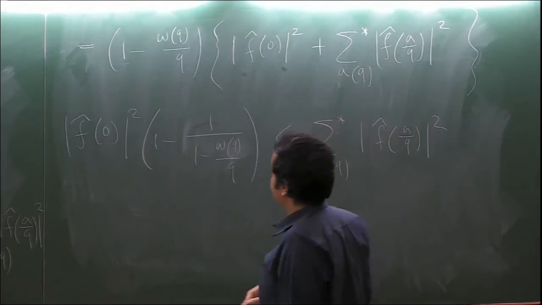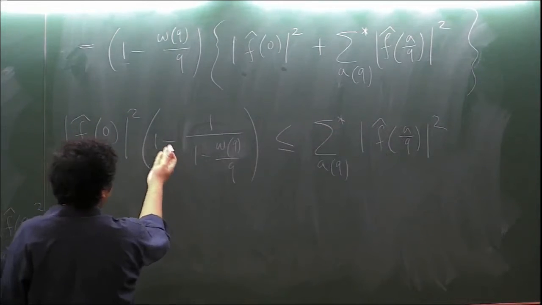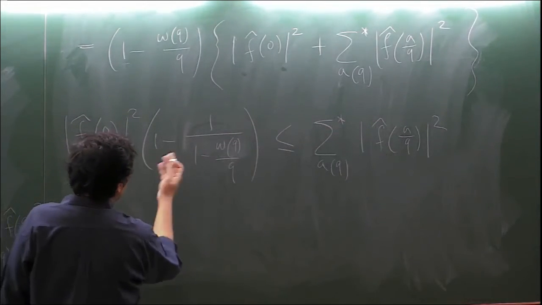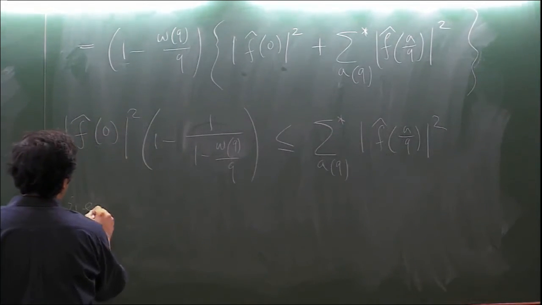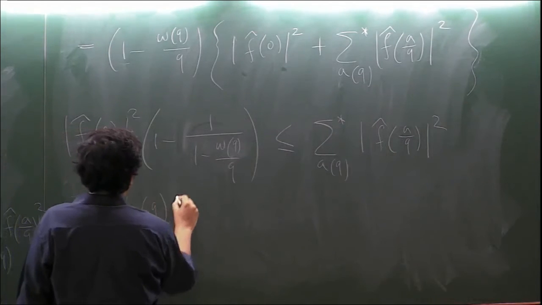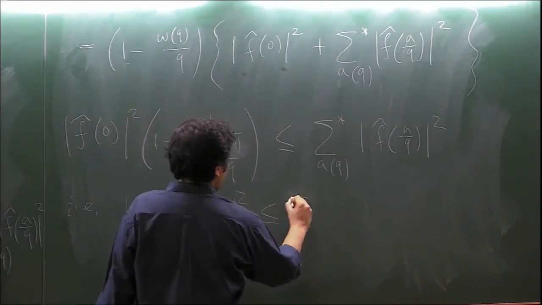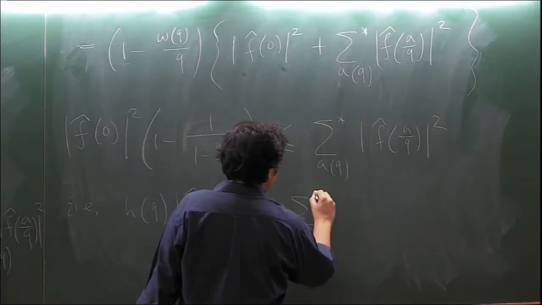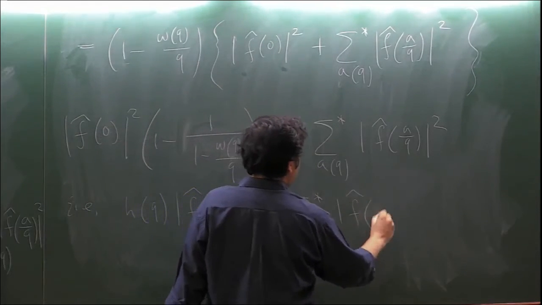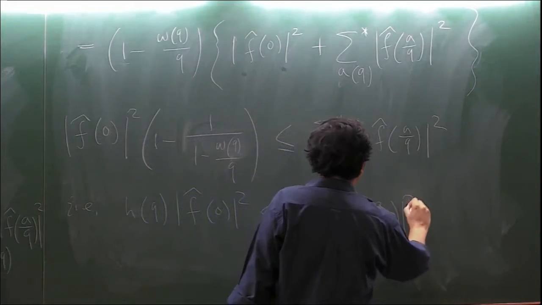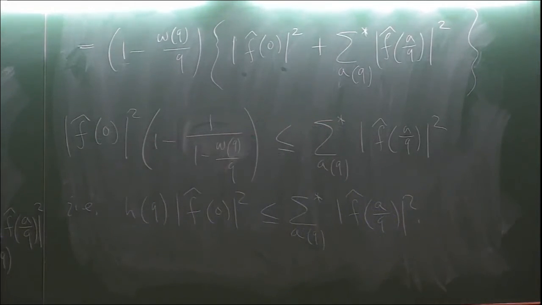And that's precisely the lemma, because once you simplify this, you get exactly HQ. I think that's what the lemma says. Yeah. So that proves the lemma when Q is a prime.